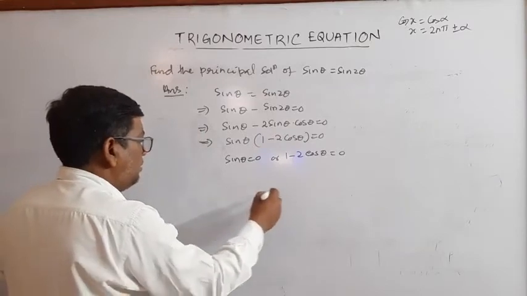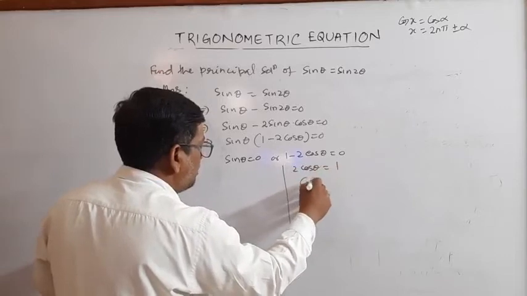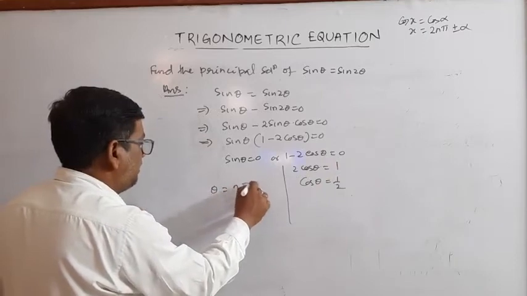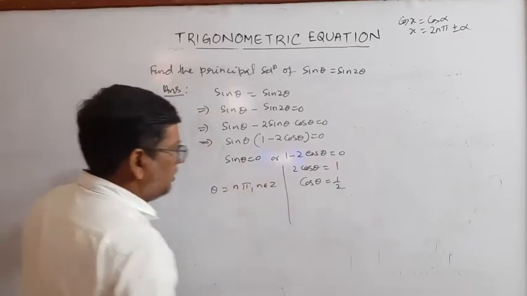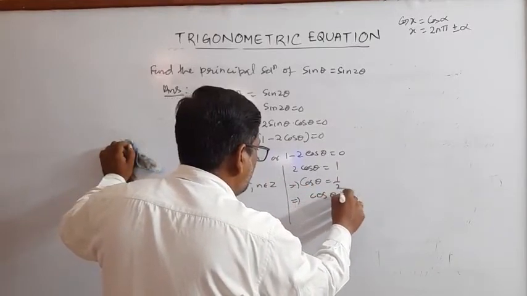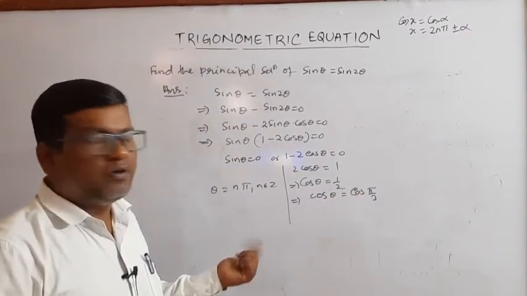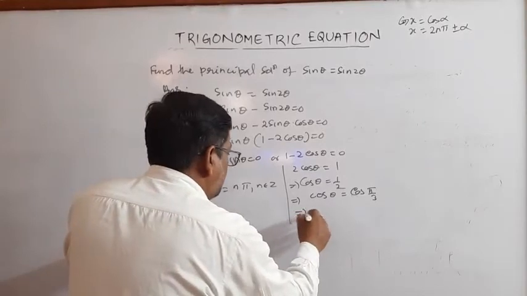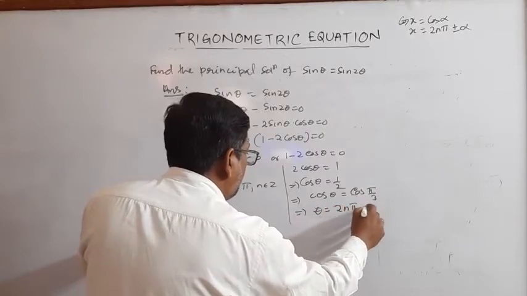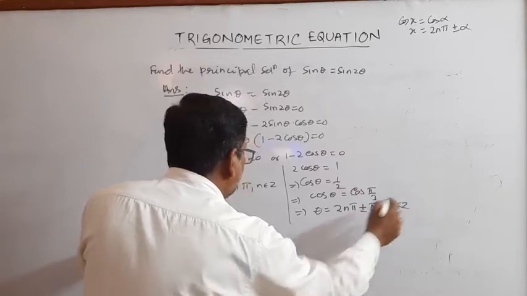Then 2 cos theta is equal to 1, cos theta is equal to 1 by 2, and theta is equal to n pi, n belongs to Z. Here, that implies cos theta is equal to cos pi by 3. The formula is: cos theta equal to cos alpha gives theta is equal to 2n pi plus or minus pi by 3, n belongs to Z. This is the general solution.